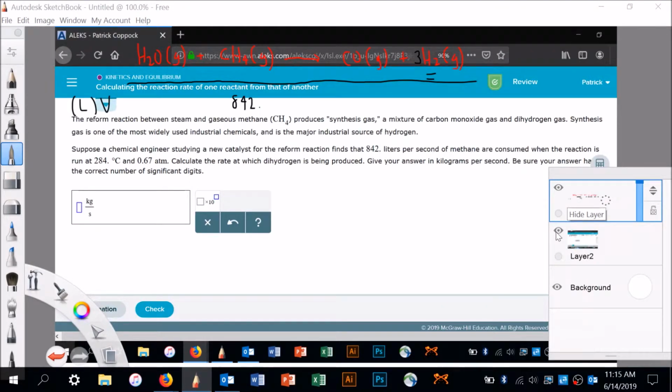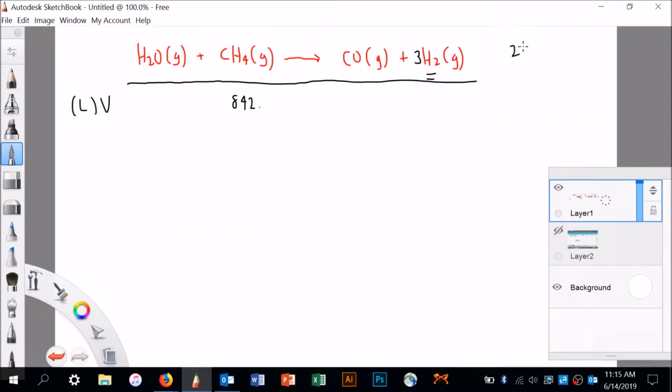So 284 plus 273.15 gives me kelvins, right? And what is that? I'm going to do that in my calculator over here, where 284 plus 273.15 gives me 557.15.